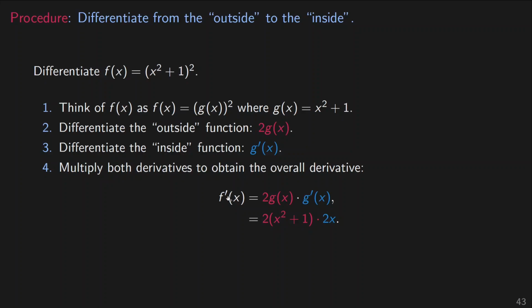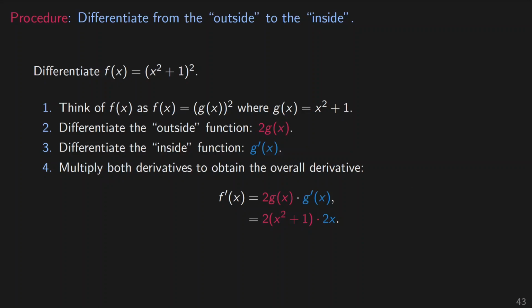So f prime is equal to the derivative of the outside function, 2 times g of x, times the derivative of the inside function, g prime of x. And if you then plug in the definition for g of x, then you get 2 times x squared plus 1, and this derivative is 2 times x. And so this is your overall derivative of f.